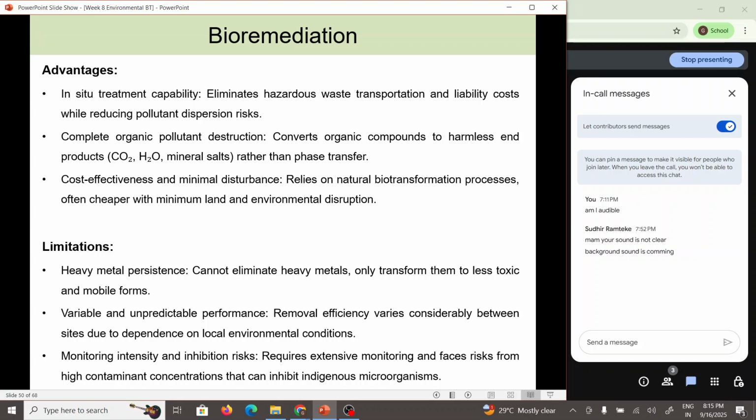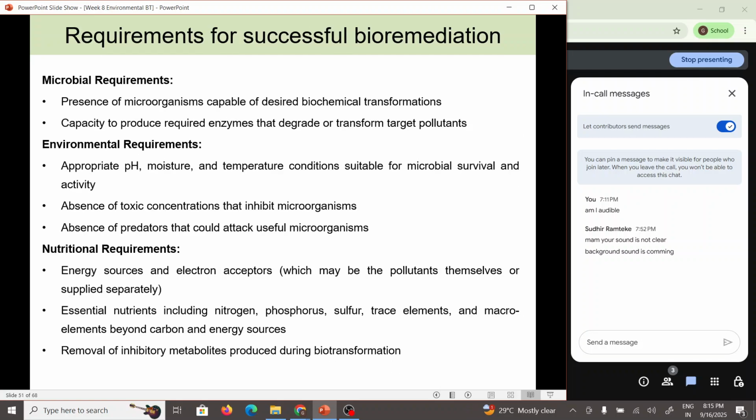And the third point is monitoring intensity and inhibition risk. The bioremediation process requires extensive monitoring, and it faces risks from high contaminant concentrations that can inhibit indigenous microorganisms. I will talk about this point in one more slide also.